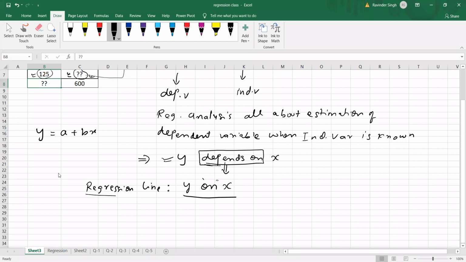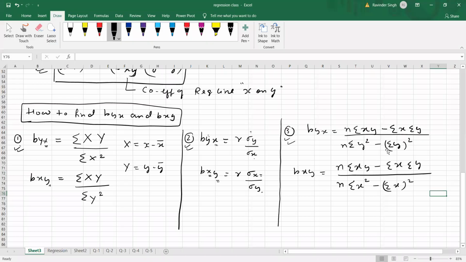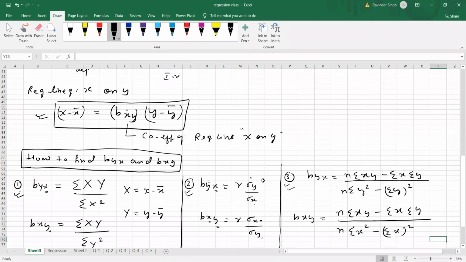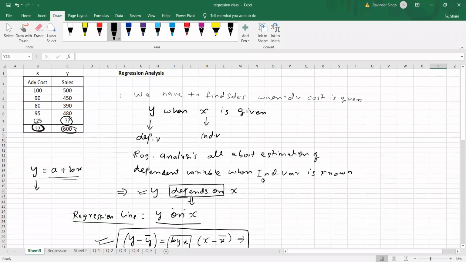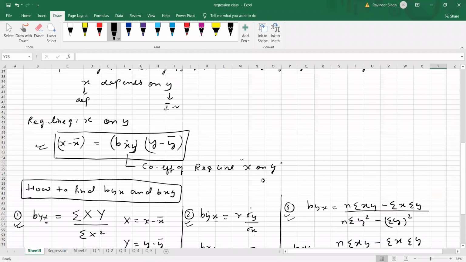So now how to the straight cut. If any doubt in this particular session, this particular sheet, please let me know. No doubt, can I go ahead?